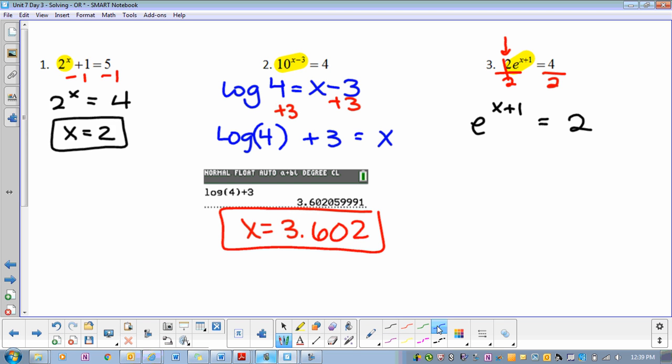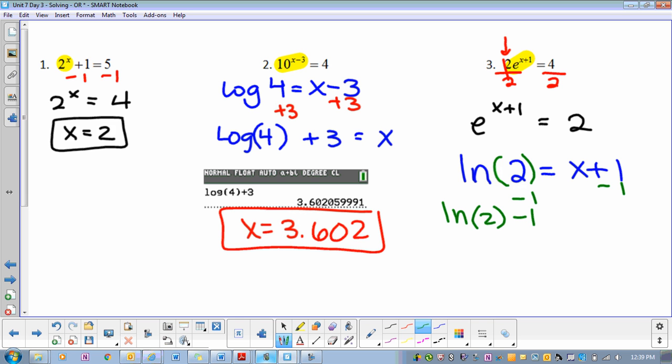So change this to log form. What kind of log do I get when my base is e? ln. Base, answer equals exponent. Again, guys, this is the same thing. It's ln of 2. You need to subtract the 1. ln of 2 minus 1 gives you x. So what is that?